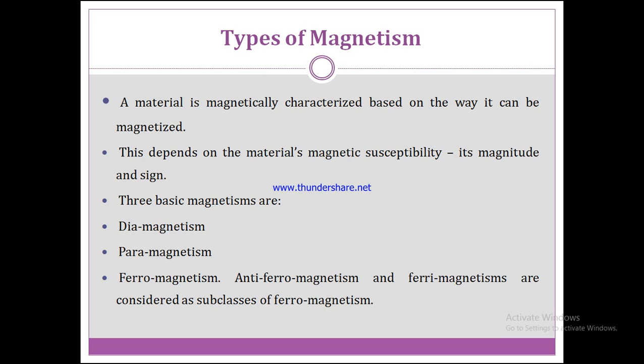So generally magnetism is classified according to these five types of magnetic materials, which are generally used for industrial and domestic purposes.